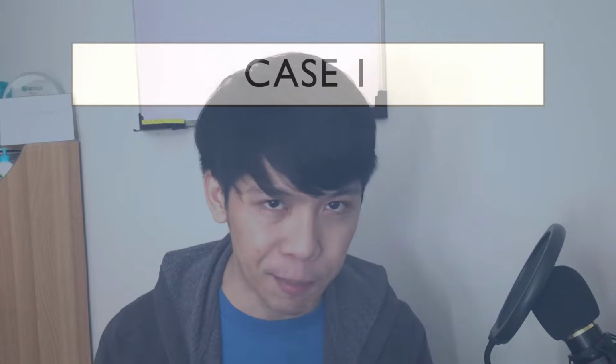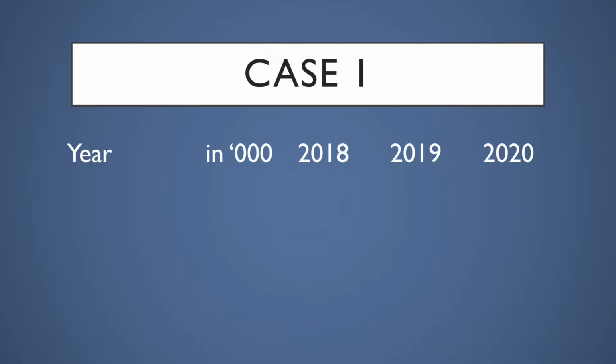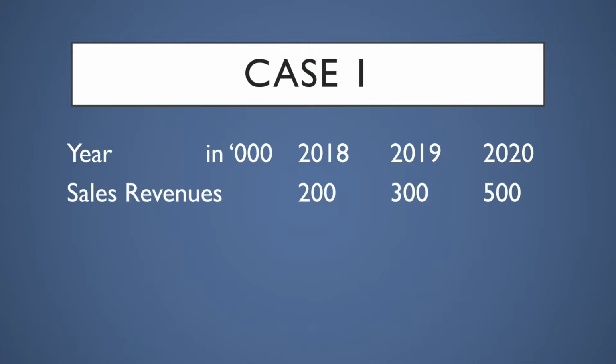Well, let us start by taking note of the time periods involved. In this case, we have 3 years: 2018, 2019, and 2020. The sales revenue in 2018 is 200,000 pesos. 2019, 300,000 pesos. 2020, 500,000 pesos.